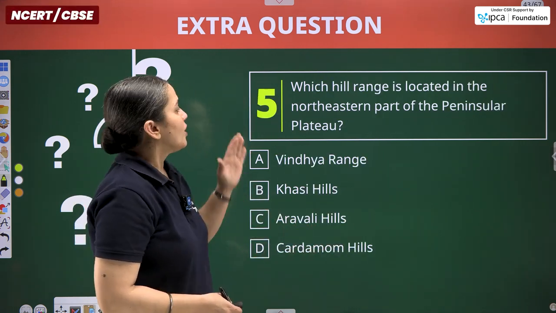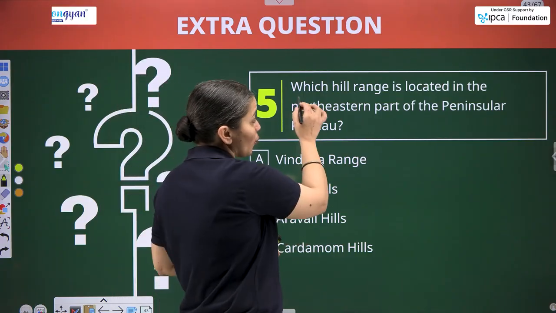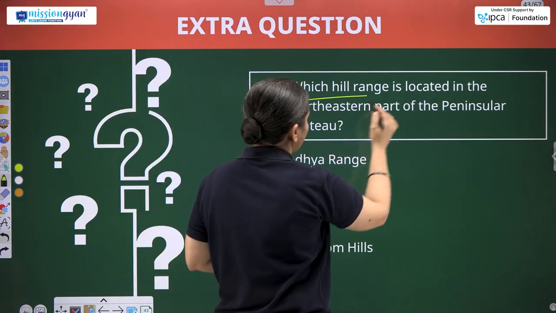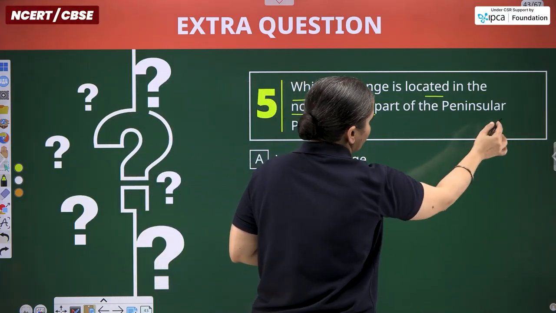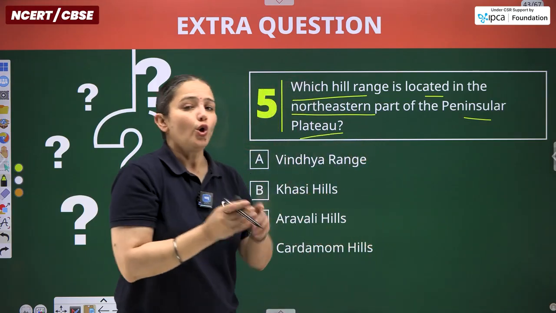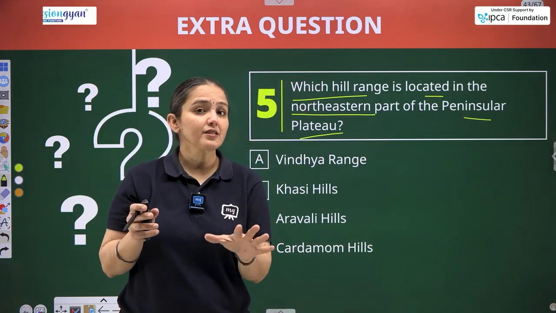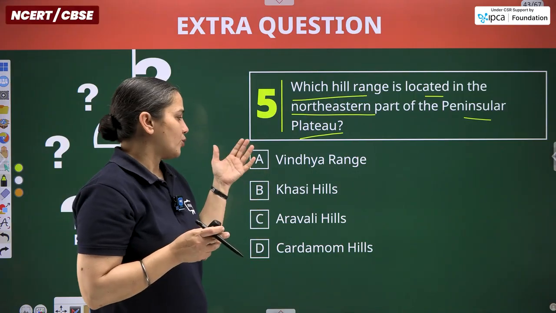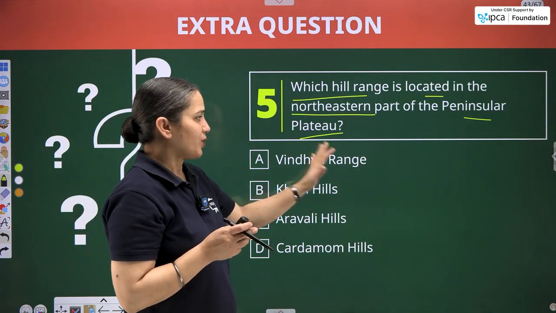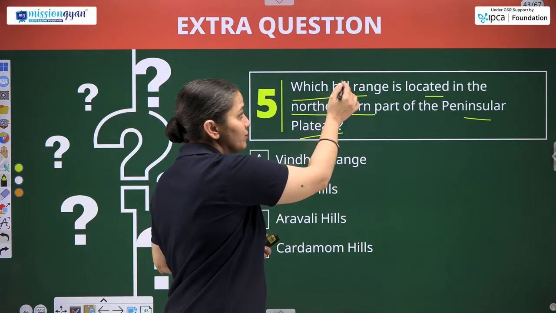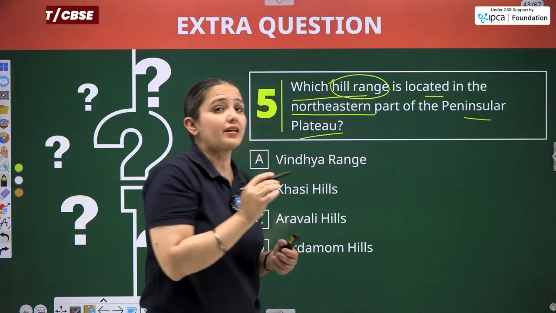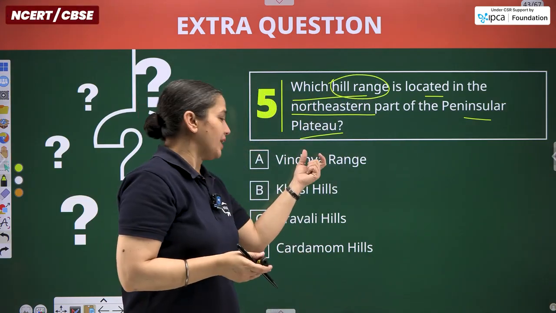Next is, which hill range is located in the northeast part of the peninsular plateau? North and eastern part of the peninsular plateau that lies in the southern part of India. So is it Vindhya range, Khasi? We are talking about a hill range, not an individual range.